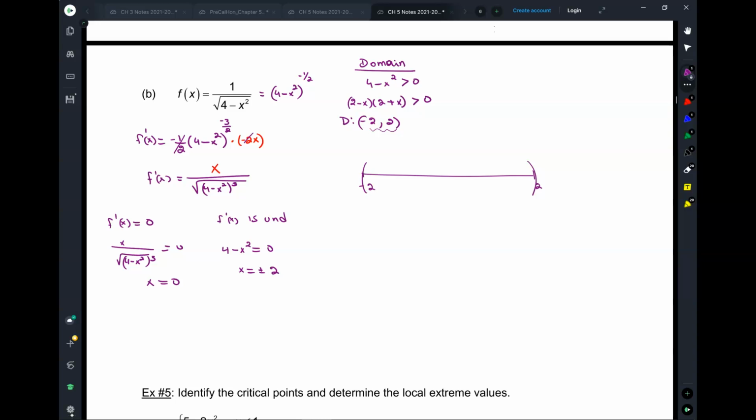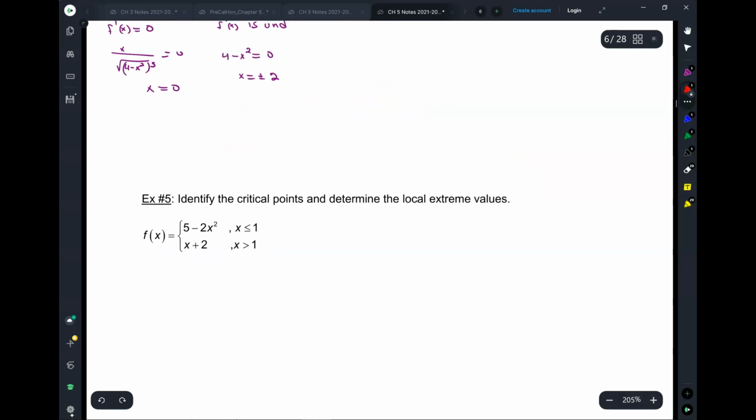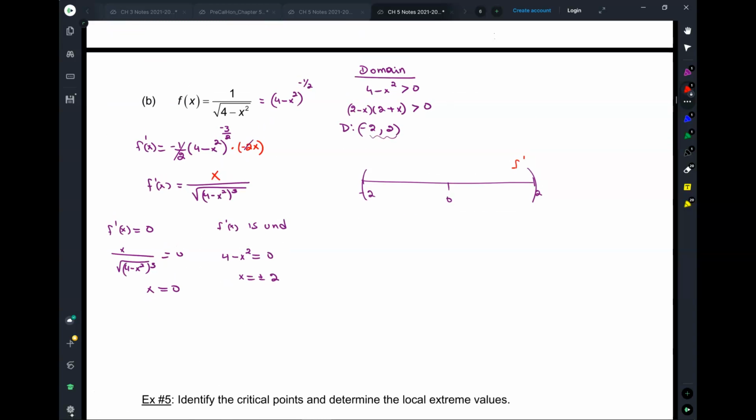Those are already part of the critical points. And then another critical point is 0. So this is f prime. Let's plug values into f prime. Okay, let's do this.